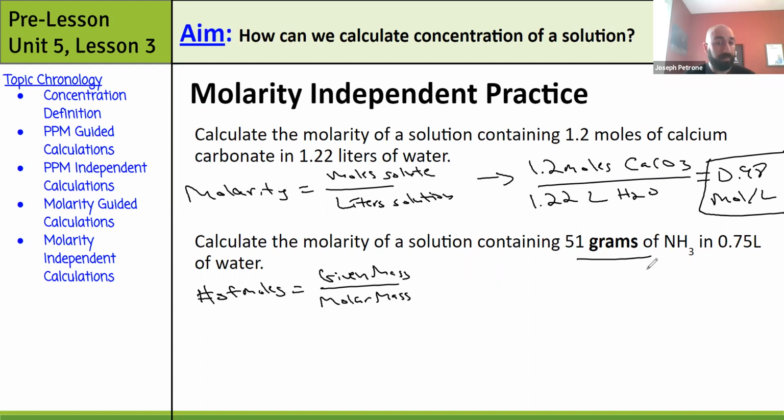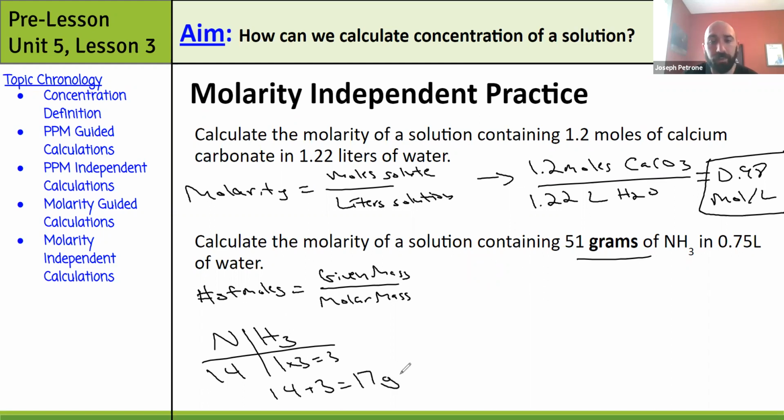So we can determine the gram formula mass of NH3, ammonia, to be 14 from N, rounding to the nearest whole number here, and then 1 times 3 for the hydrogen. So 14 plus 3 is equal to 17 grams per mole.